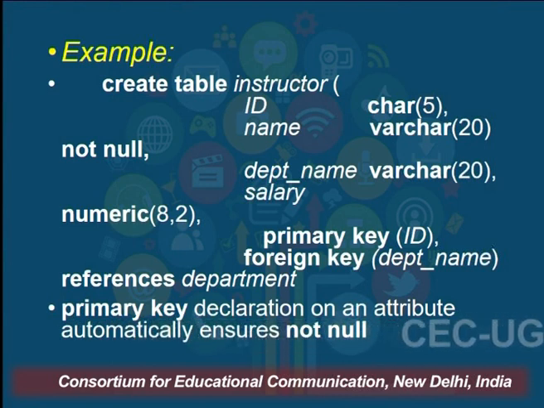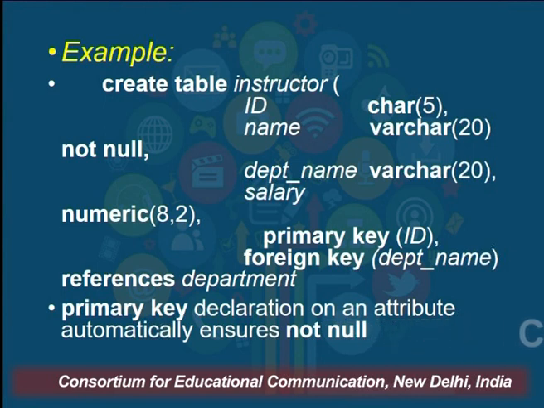That is, the department name which is being included here is actually the primary key of the relation department, and here it is going to be used as the foreign key. So, we will write foreign key, within the bracket the name of the attribute, which is department name here, references, and then the name of the relation, and after this we can close our bracket, and the command is complete.